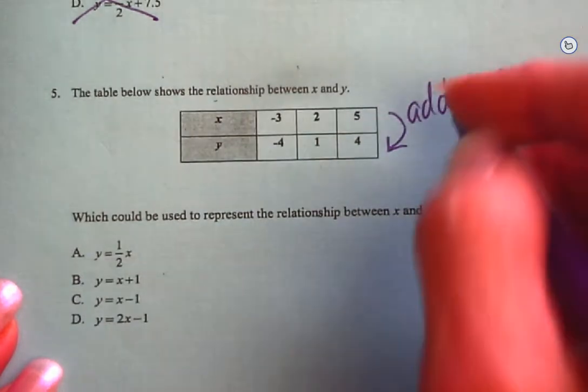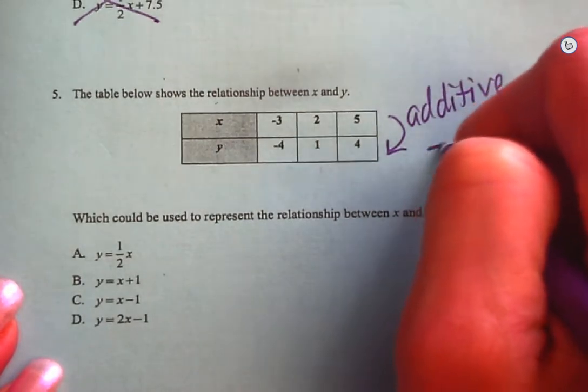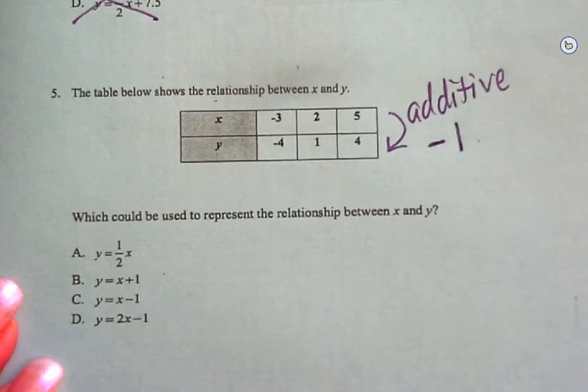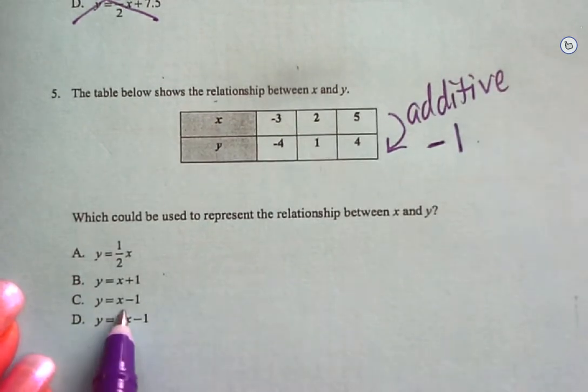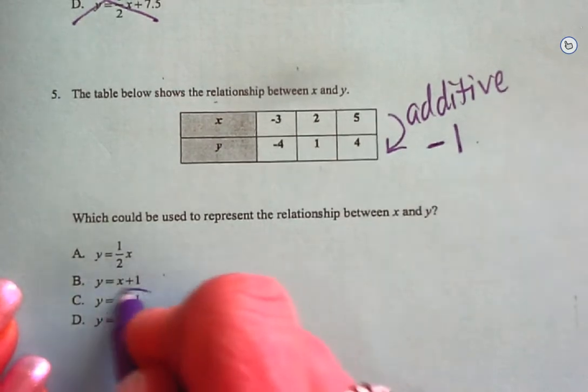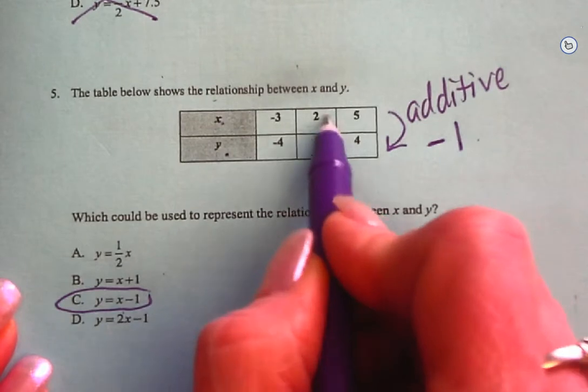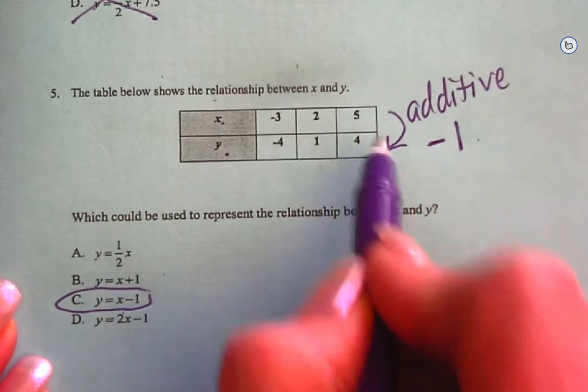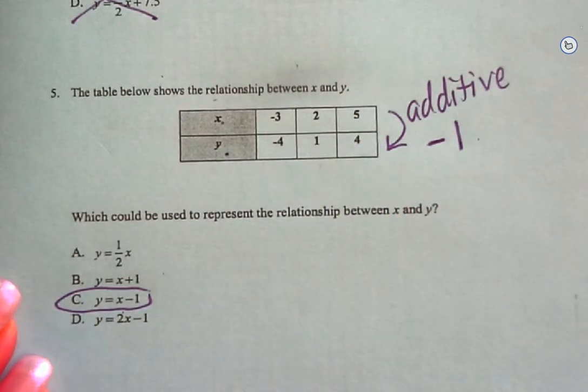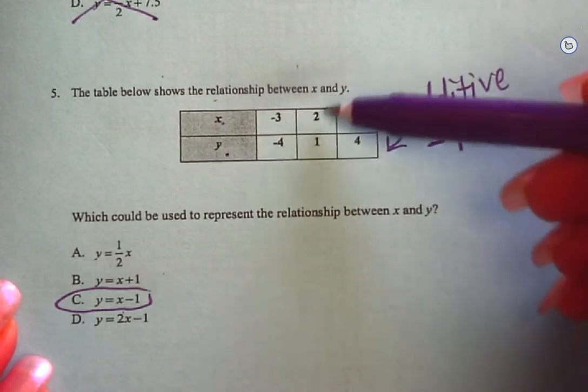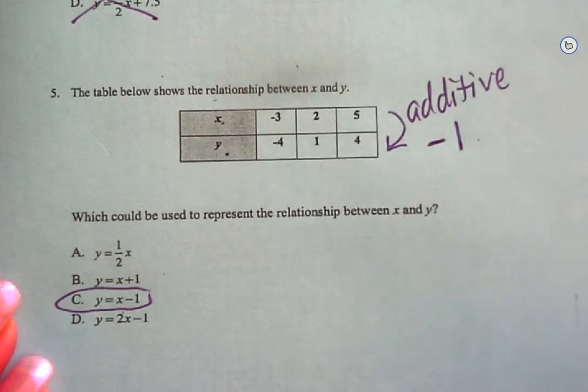You're subtracting 1, so you're adding a -1. So down here you'll see the equation that we have that matches is y equals x minus 1. 2 minus 1, 5 minus 4. You can subtract these numbers to get the number that you're adding.